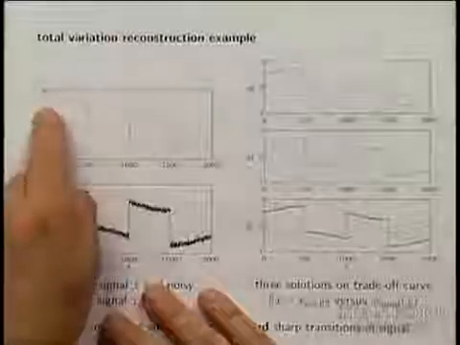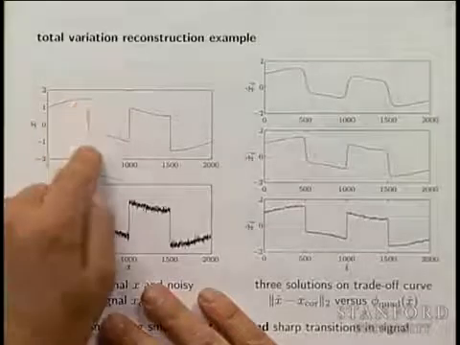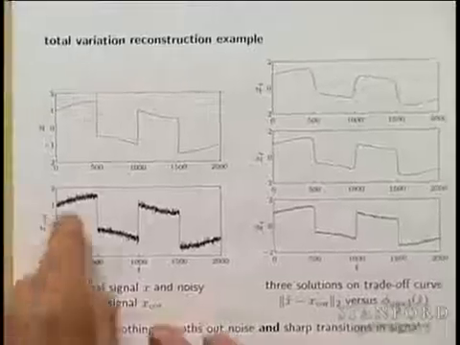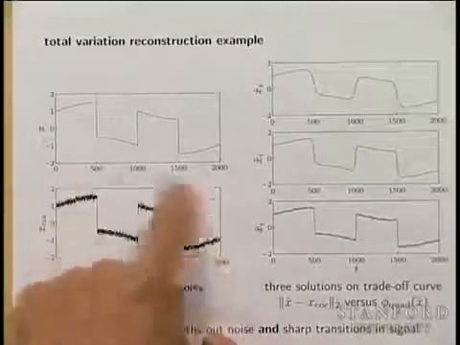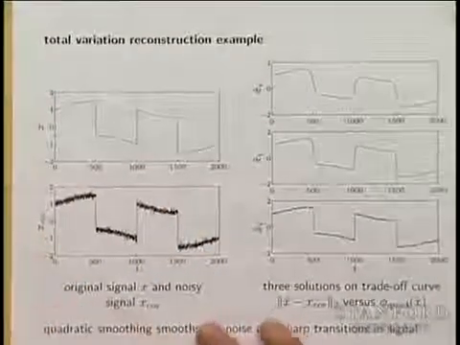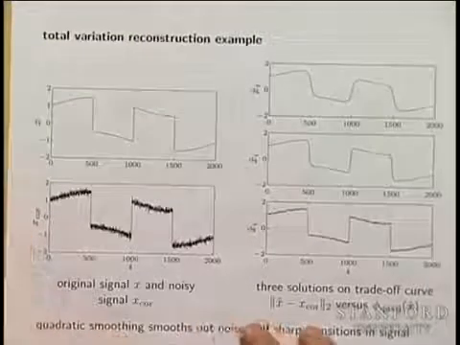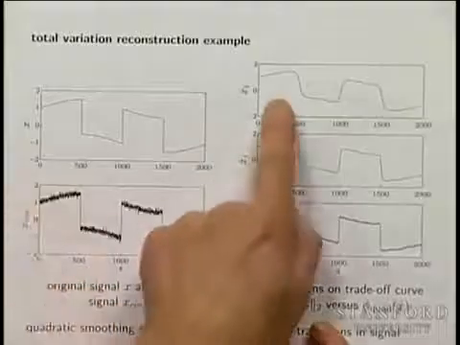Okay, let's look at total variation. Here's the original signal. By the way, the signal is chosen so that traditional linear signal processing is going to fail on it. The signal is something kind of smoothly varying, and then has these jumps in addition. Here's the one where it's corrupted. If you do traditional linear signal processing, which is what the Tikhonov style regularization would be, your choice is something like that.